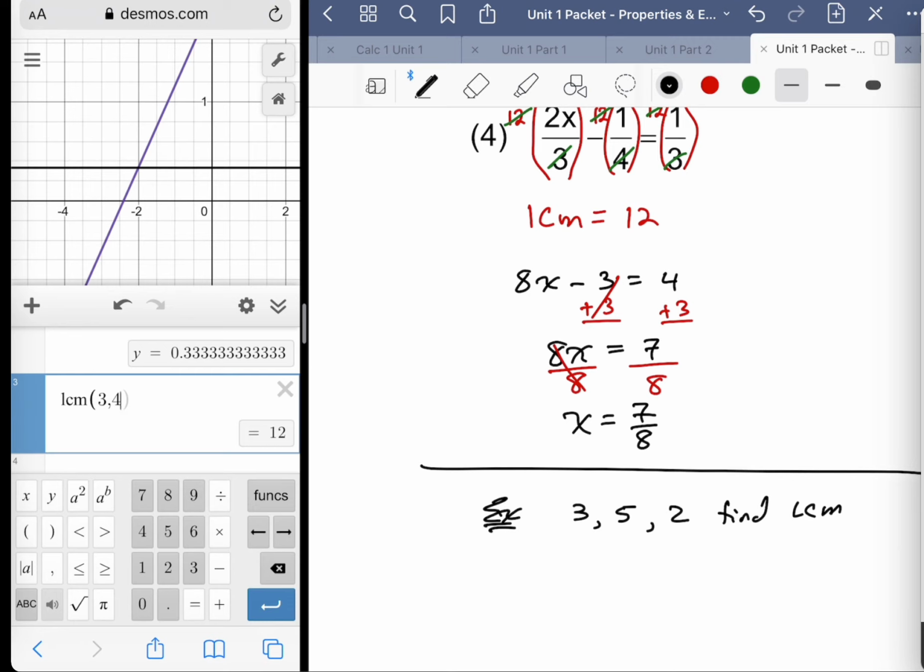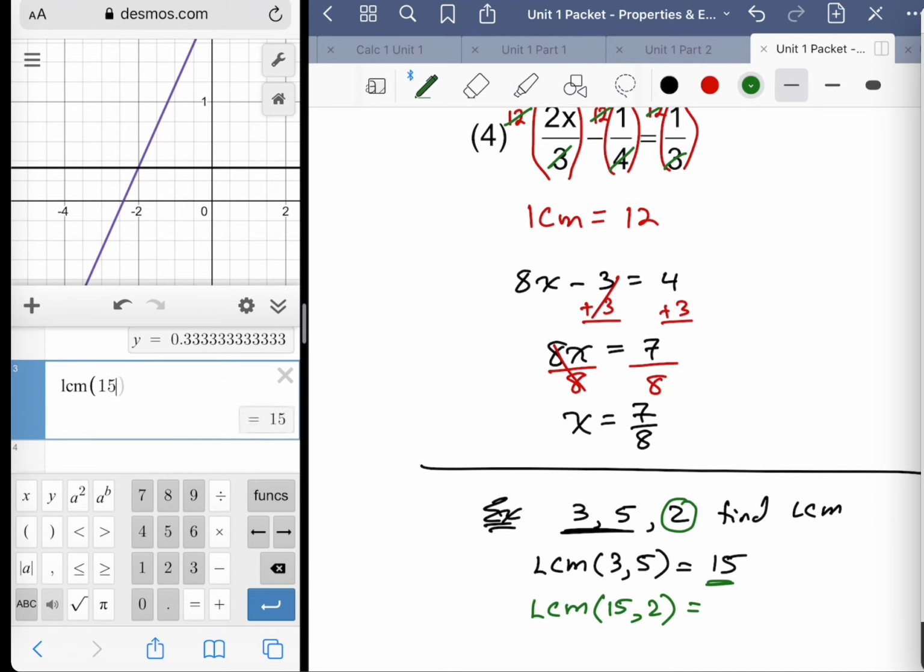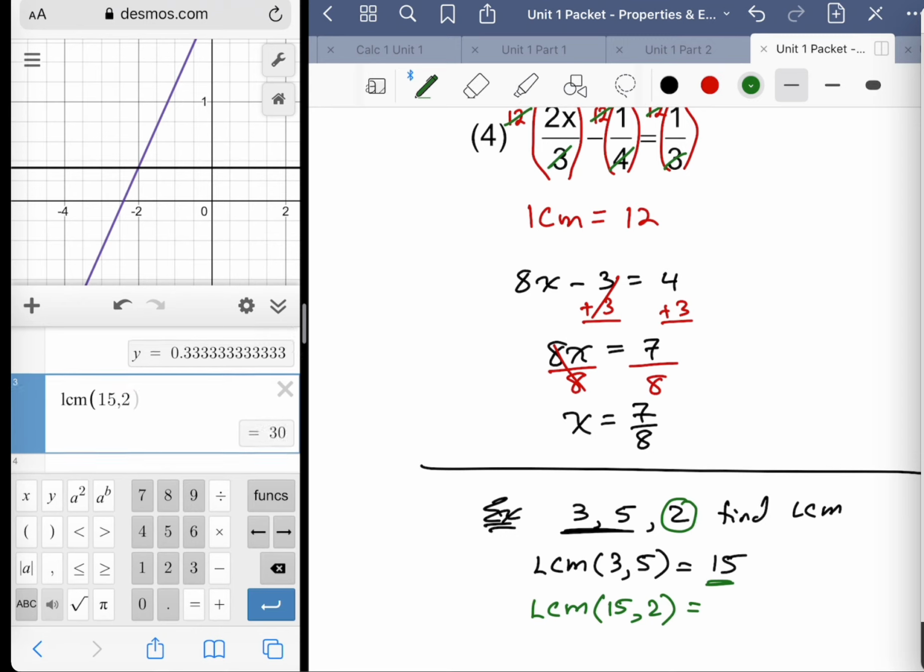So what you'd have to do is find the LCM between 3 and 5. That'll give you 15. So now we have these two accounted for. Then find the LCM between that result and the remaining value. So you do it 2 at a time is what I'm saying. And so this would be your LCM for those 3 values using the technology.